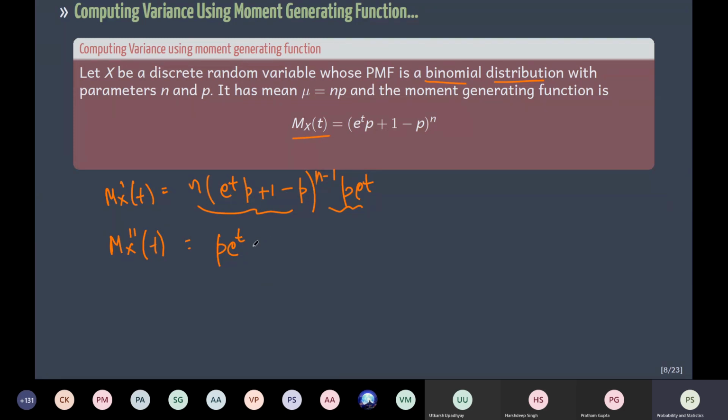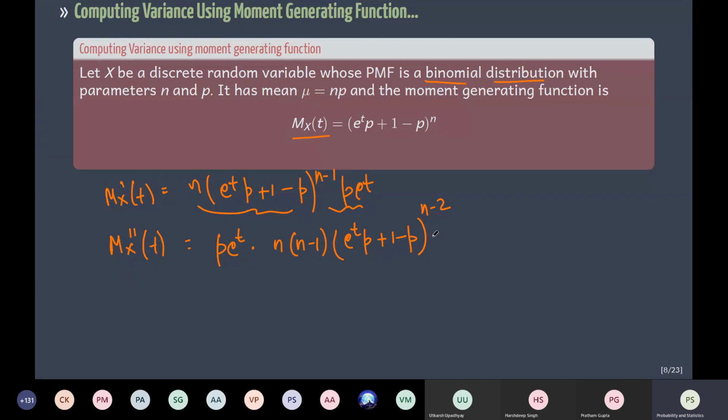The derivative of the second will be n minus 1 and (e^t p plus 1 minus p) to the power n minus 2, because there is n minus 1, so it now becomes n minus 2.